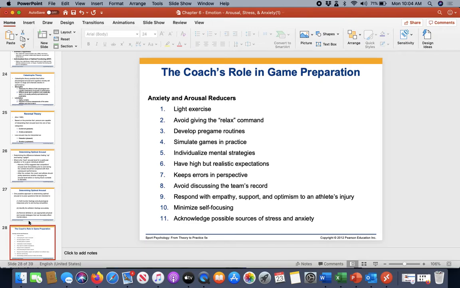So what can a coach do? To reduce anxiety and arousal, there's a list right here of 11 different things. I'm not going to go through each one of them, but have high but realistic expectations.